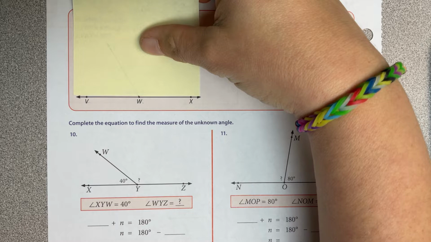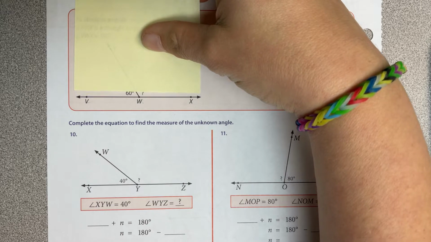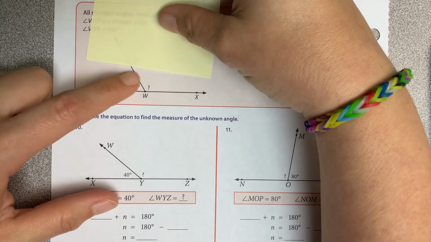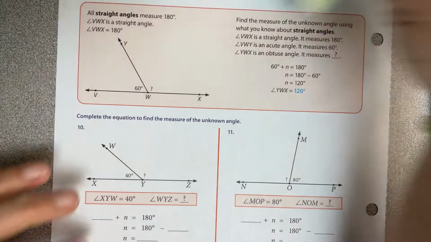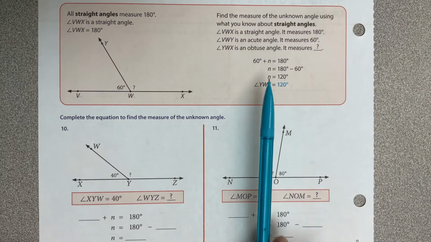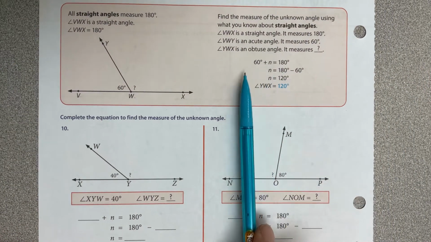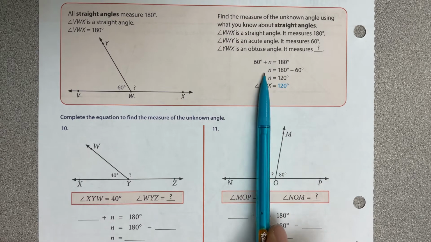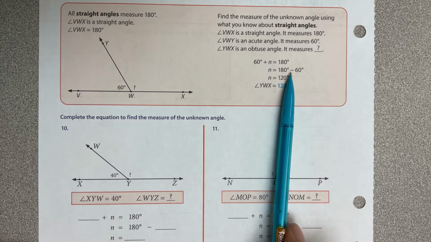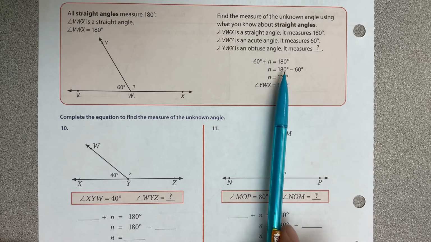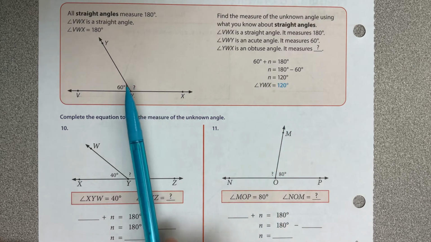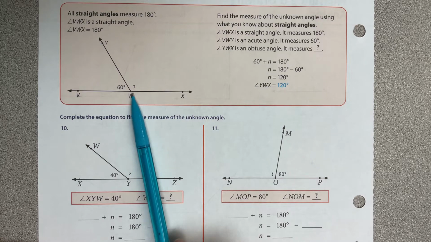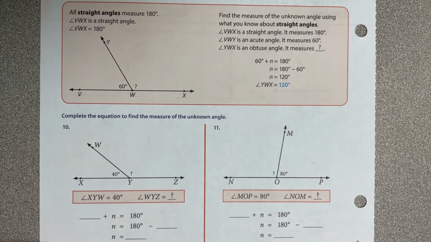Those angles together have to make 180 degrees. So we've got 60 here, and we have to get the rest of it here. Well, we know that whatever we do to one side, we have to do the other side. We subtract 60 on this side to get n by itself. So we subtract 60 on this side, which makes it 120, which means this angle is 120 degrees.